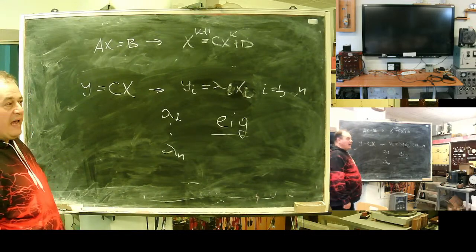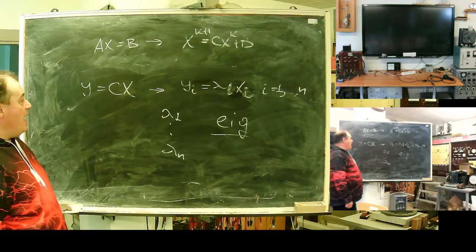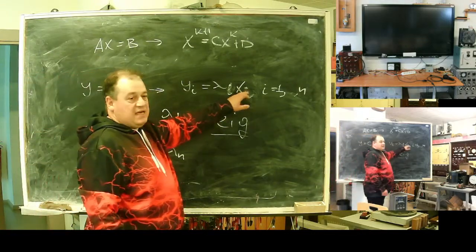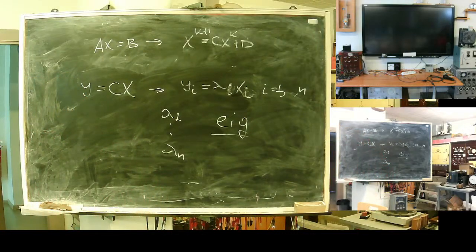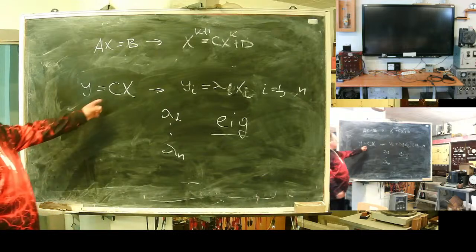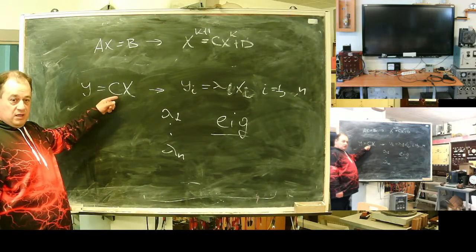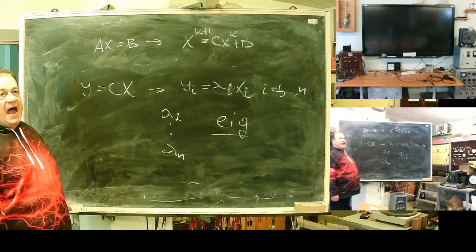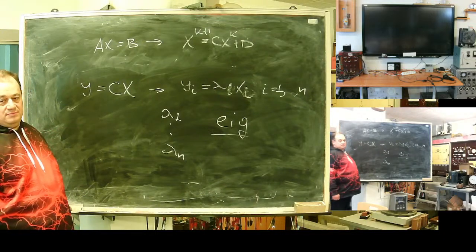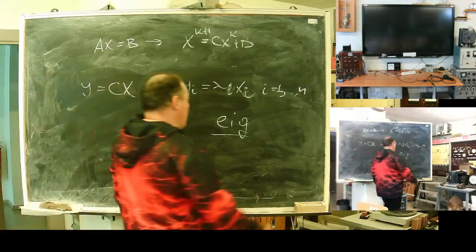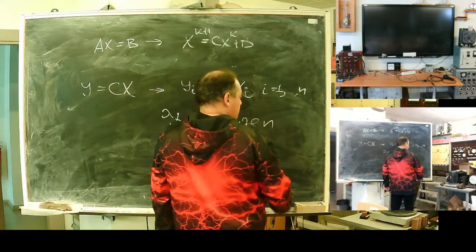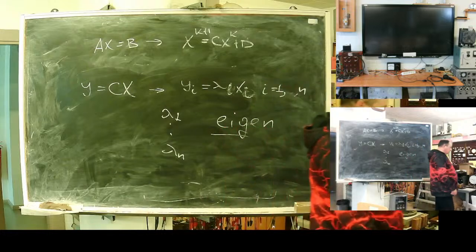Eigenvalues, eigennumbers, and x will be the eigenvector. If it is possible to substitute numbers for the matrix multiplication, they will be named eigennumbers. Eigen. Own numbers.